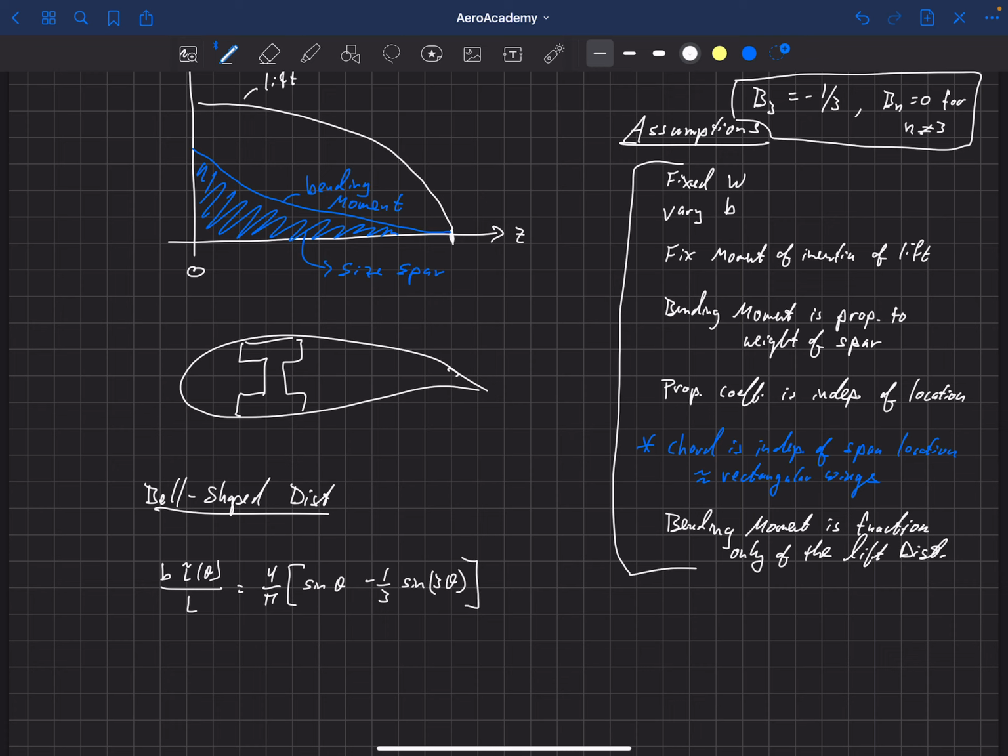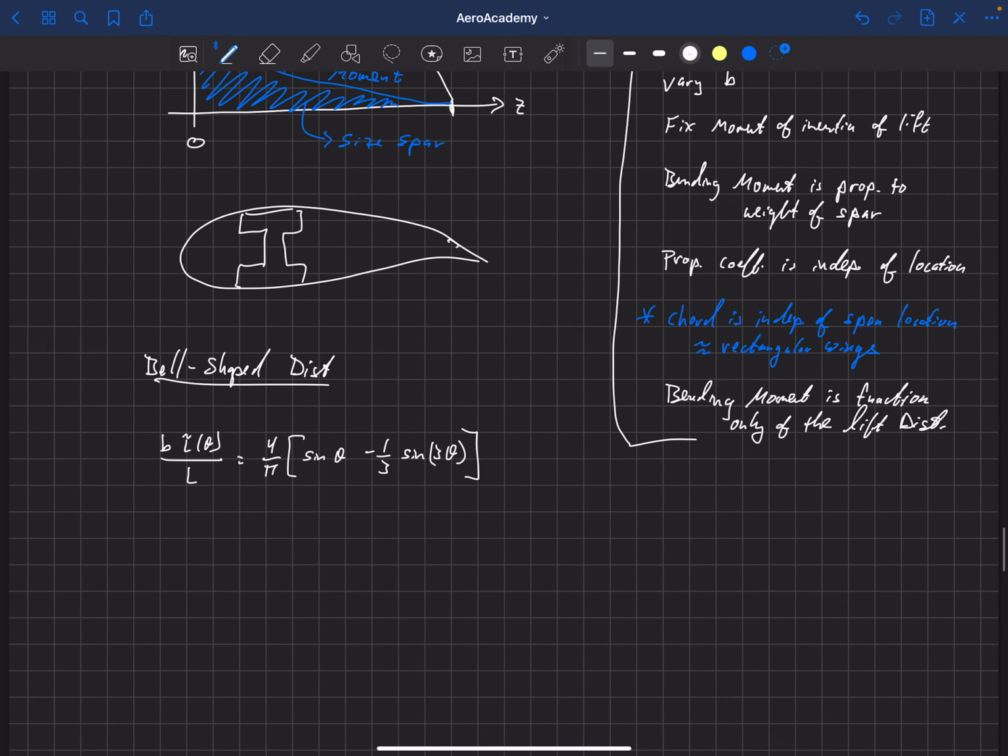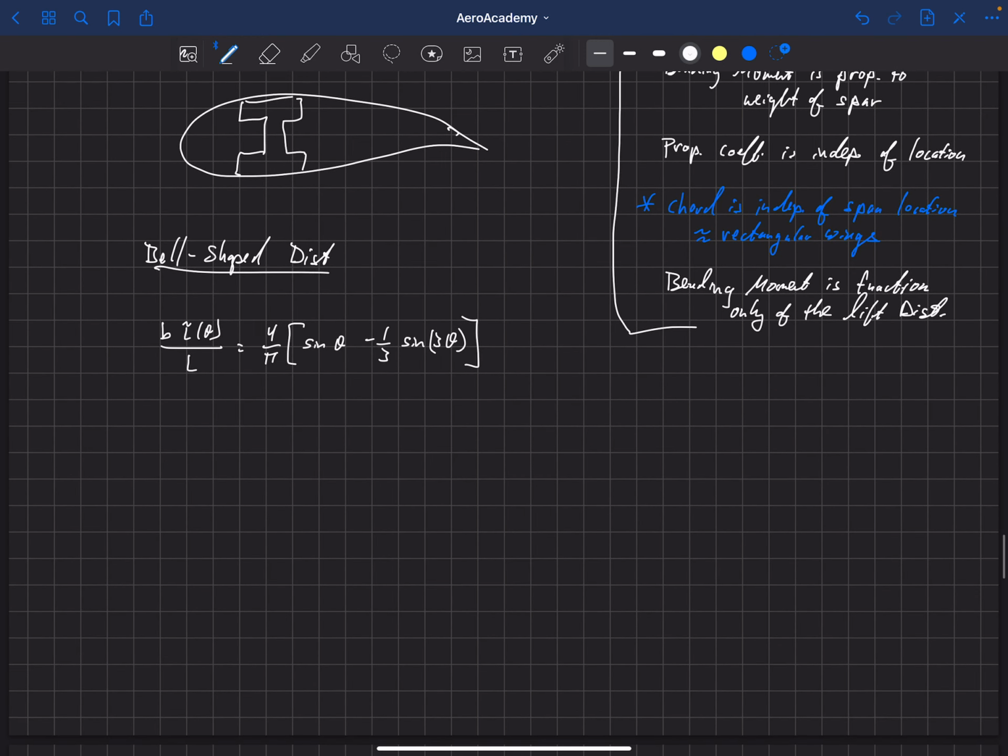So this is the bell-shaped lift distribution, and you're probably familiar with what it looks like. It looks a little bit more bell-shaped. You get a distribution that looks more like that for a given global lift coefficient, rather than the traditional elliptic lift distribution, which would look something more like that for the same wingspan.